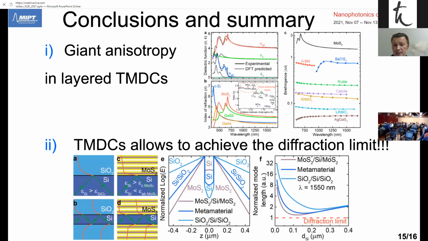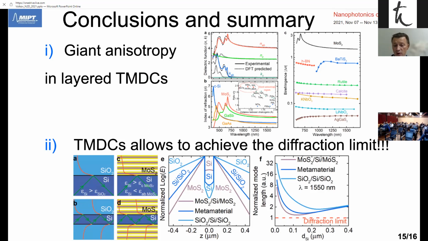So on this, I think I will finalize my talk. In conclusion, we managed to demonstrate the giant anisotropy in layered TMDC materials. We showed that TMDC opens interesting possibilities for manipulation of light at the nanoscale, to achieve basically the diffraction limit.